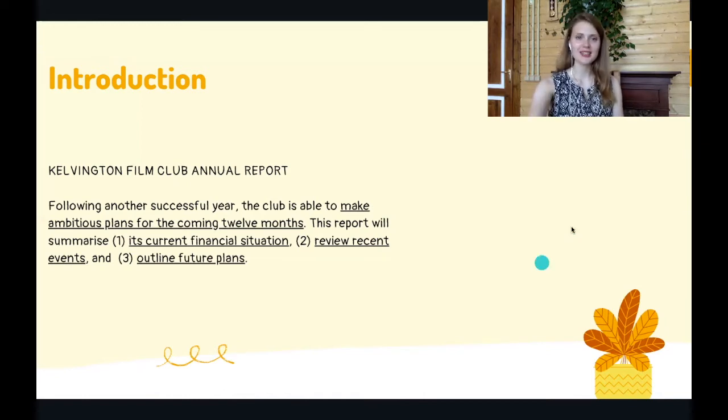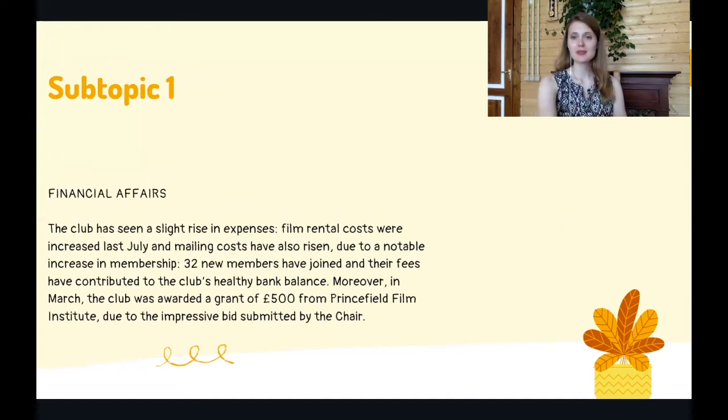Okay, now let's move on to the next paragraph. So first subtopic is about financial affairs, and you see that the person indicates that by writing a subheading, financial affairs. So you do this in your writing too. You give names to the paragraphs so that your reader could understand what you're going to talk about.